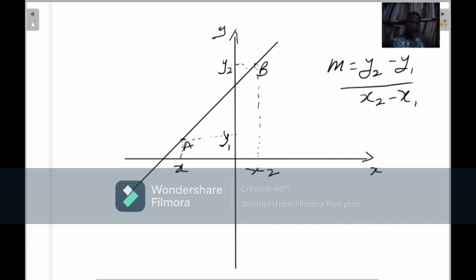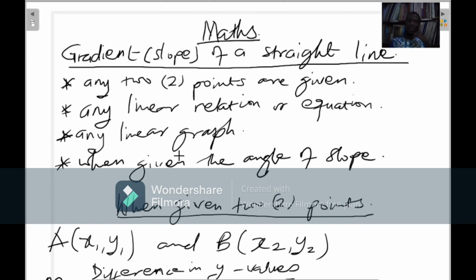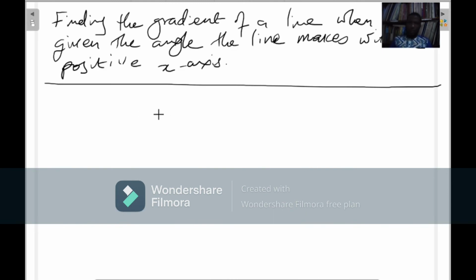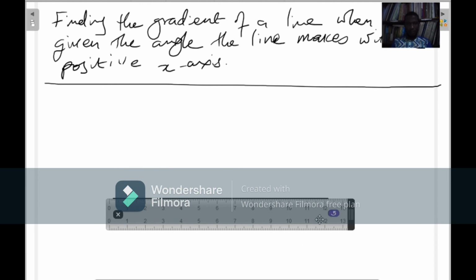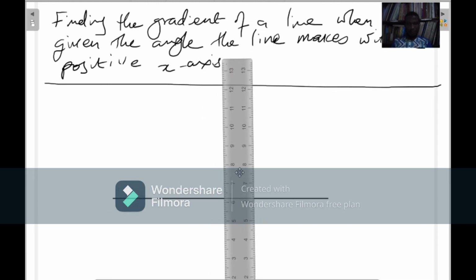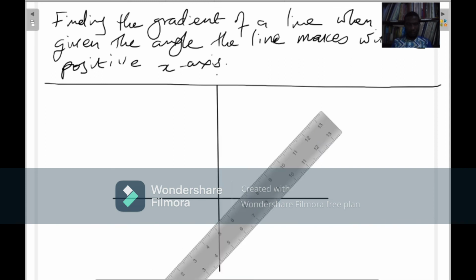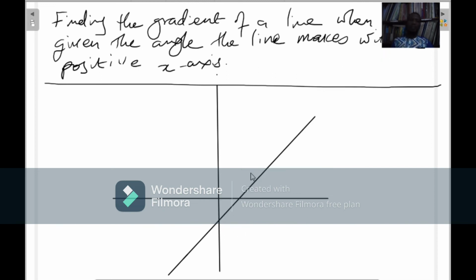So we go back to the last one, which is when given the angle of the slope, or the angle the line makes with the positive x-axis. So assuming we have our Cartesian plane and then we have our line here.